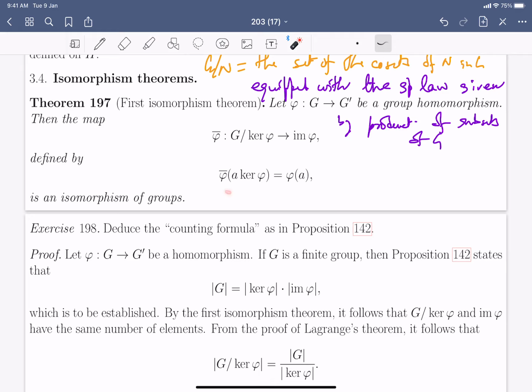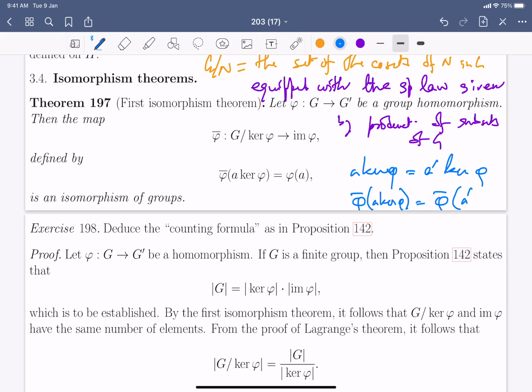By that I mean that a kernel of phi could be a prime kernel of phi, and then the question is whether phi bar at a kernel phi and a prime kernel phi are the same or not.